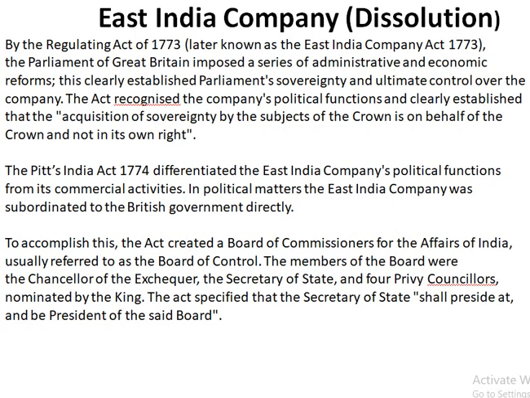Now the Governor General was directly appointed by the British government, and was reporting to the British government. The politics came into the hands of the British government, and the East India Company was restricted only to trade. So this was the actual result for the East India Company. To accomplish that, the Act created a Board of Commissioners for the Affairs of India, usually referred to as the Board of Control.